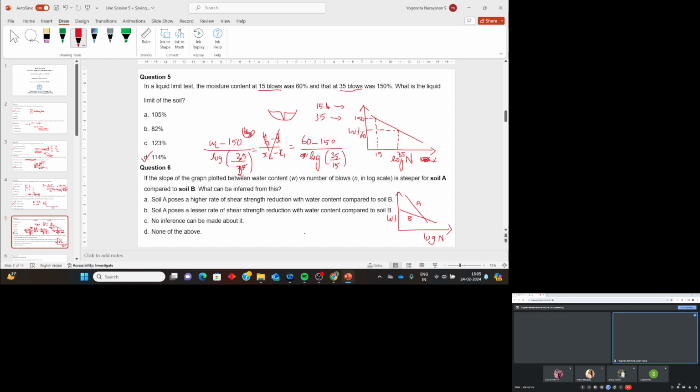Before that, the fundamental notion is that the slope of the curve is the flow index. So flow index is inversely proportional to shear strength.